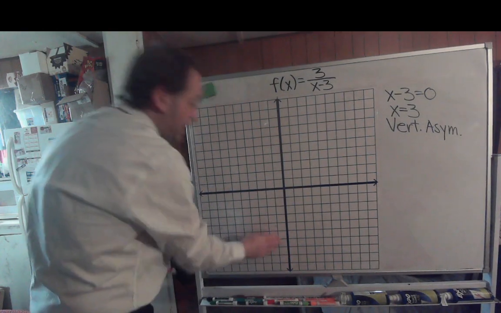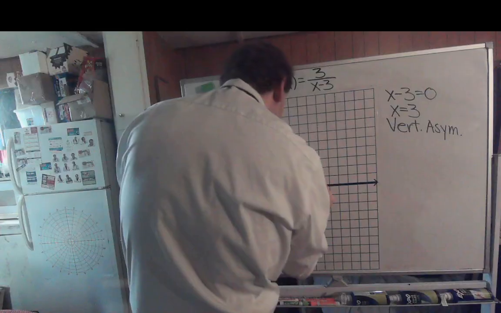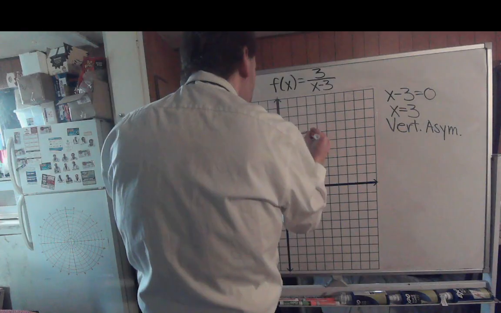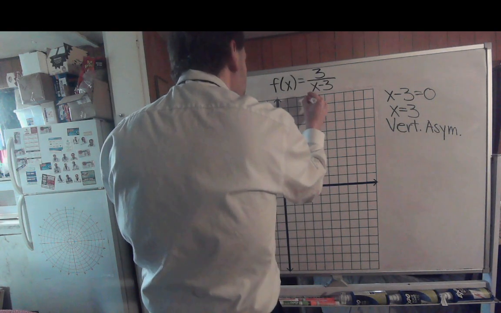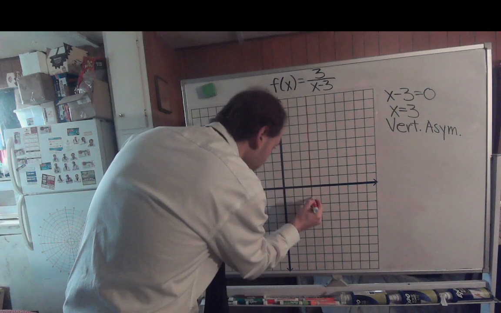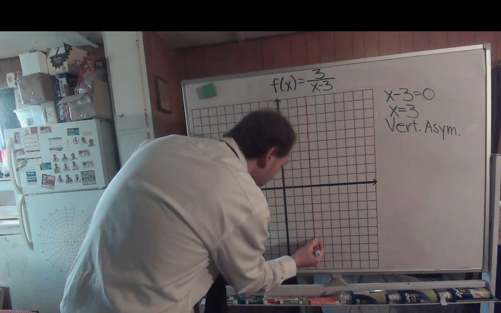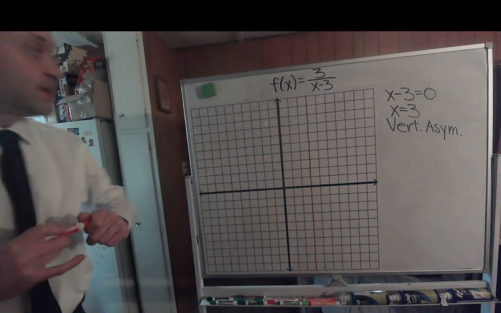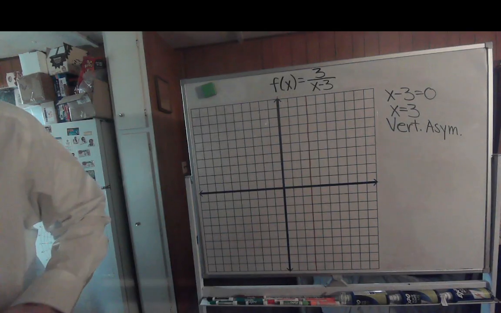Why don't we draw our vertical asymptote at x equals 3, just to delineate where we're going to be, because everything has shifted to the right 3 units. All right, so there's our vertical asymptote of x equals 3 in red.